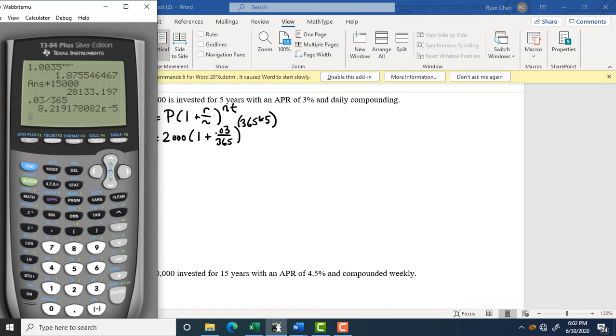Okay, now this is something we want to, so actually this is good that we're looking at this, right? So you have a very tiny number. Now remember, what does this mean? This is 0.0000821917, right? Because I'm moving the decimal place 5 places over. Now one thing you can do is you can add the 1, right?